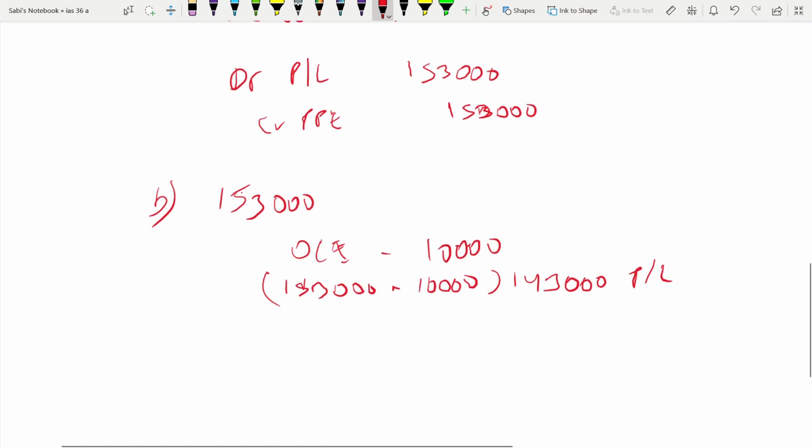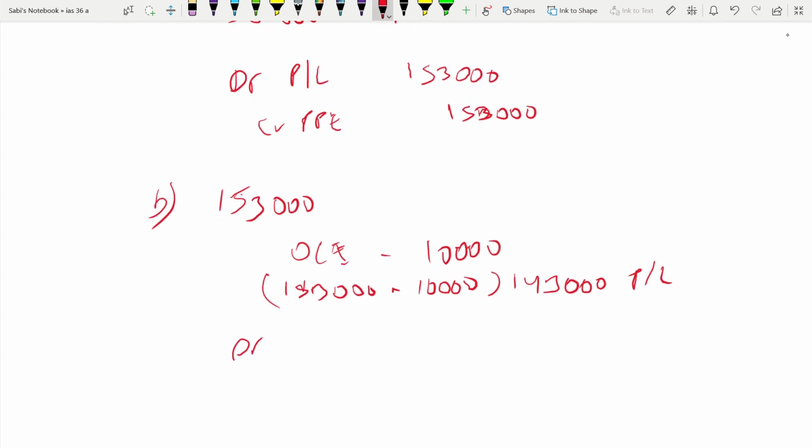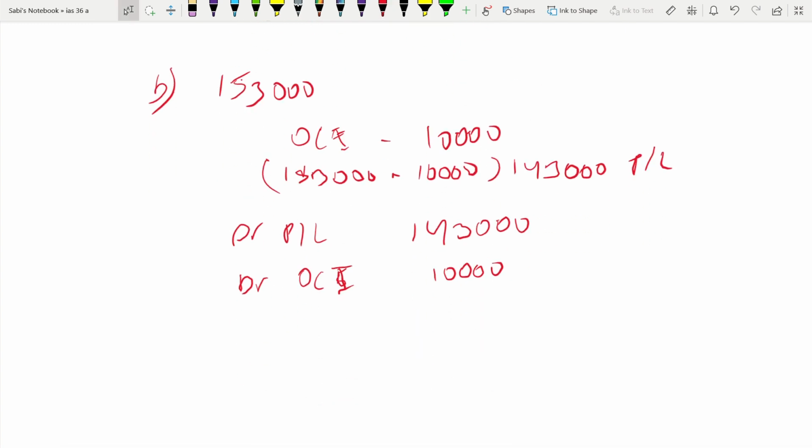Okay. So you debit P&L 143,000, the excess, and you debit other comprehensive income OCI 10,000 up to the amount of 10,000. More than that you cannot, because you have to make it nil, and you credit PPE 153,000 only.